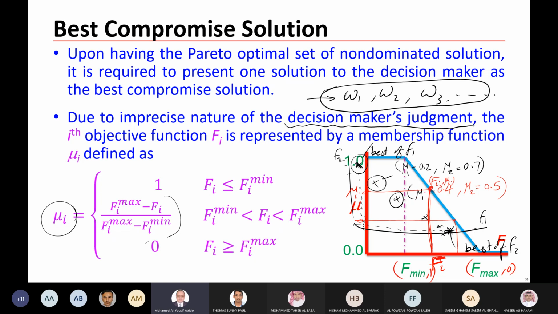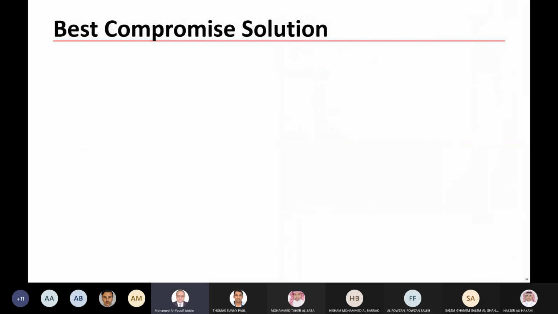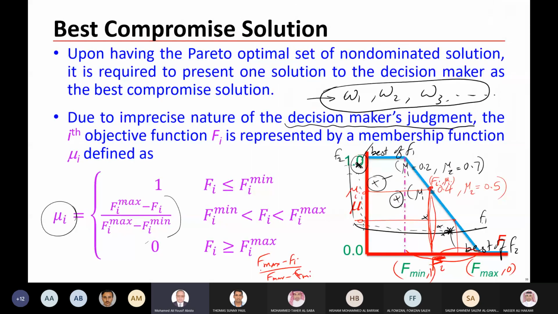So you can do a very simple calculation here: f max minus fi over f max minus f minimum equals mu I over 1.